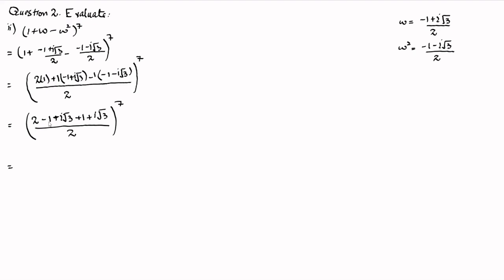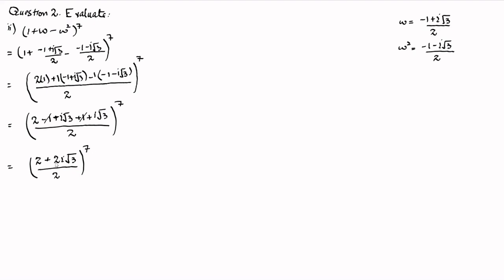Now 2 minus 1 is 1 plus 1 is 2. So we can say that minus 1 and plus 1 cancel out with each other. So we have 2 plus iota square root 3 plus iota square root 3 is equal to 2 iota square root 3 divided by 2, whole raised to the power 7.